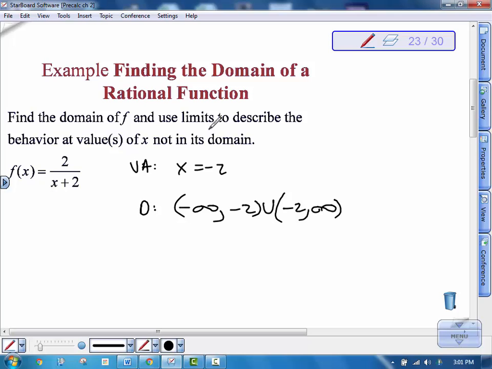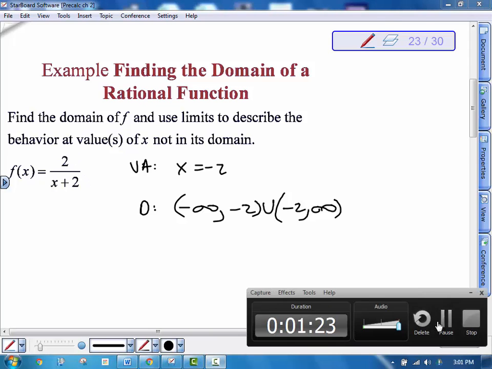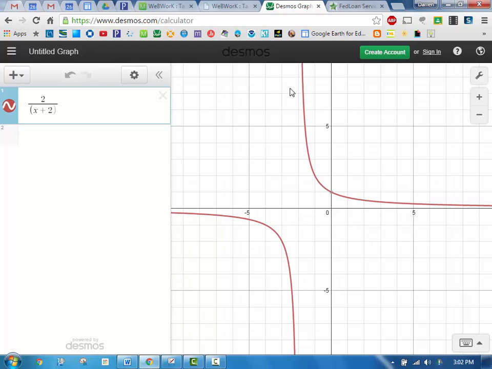And then it wants us to use limits to describe the behavior there. So we would graph this, 2 over x plus 2. Let me do that real quick. So you get this, and you can see that that value, -2, is an asymptote. It's not in our function. Now we can say as x approaches -2 from the left, it goes to -infinity, and as x approaches it from the right, it goes to positive infinity.